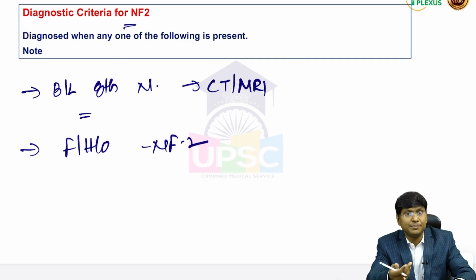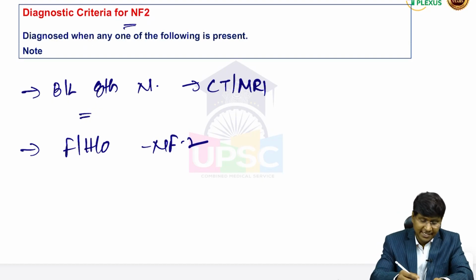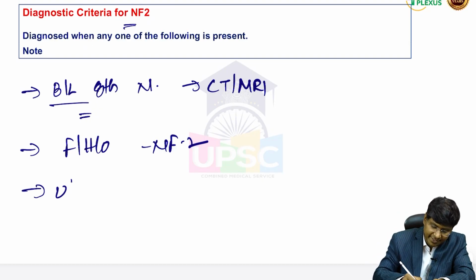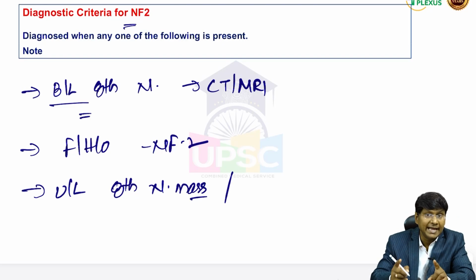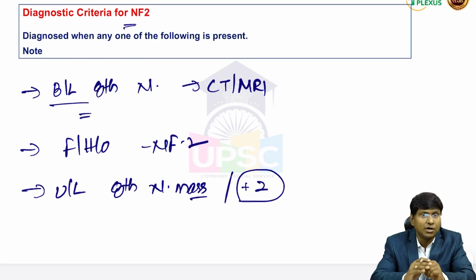So either there should be a bilateral 8th nerve mass consistent with acoustic neuroma as demonstrated by CT scanning or MRI, or, if it is not bilateral, at least a unilateral 8th nerve mass, plus any two of the following.